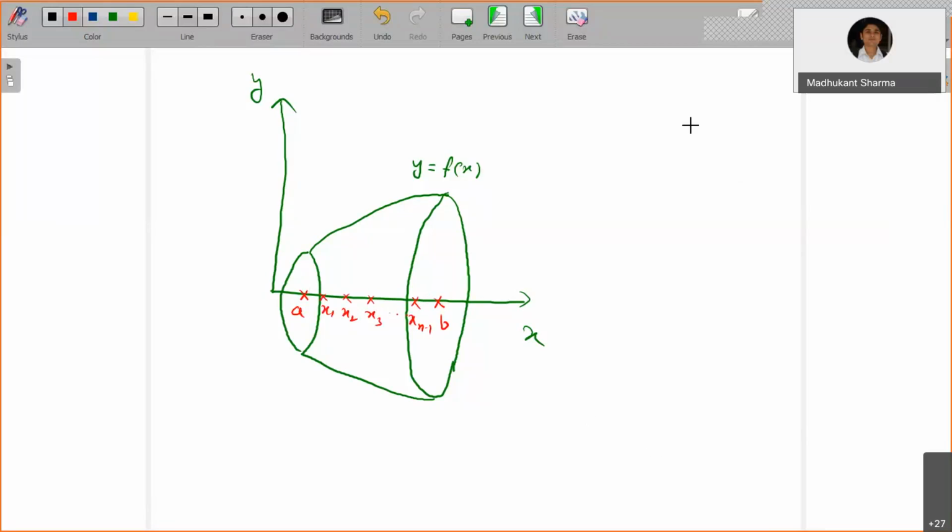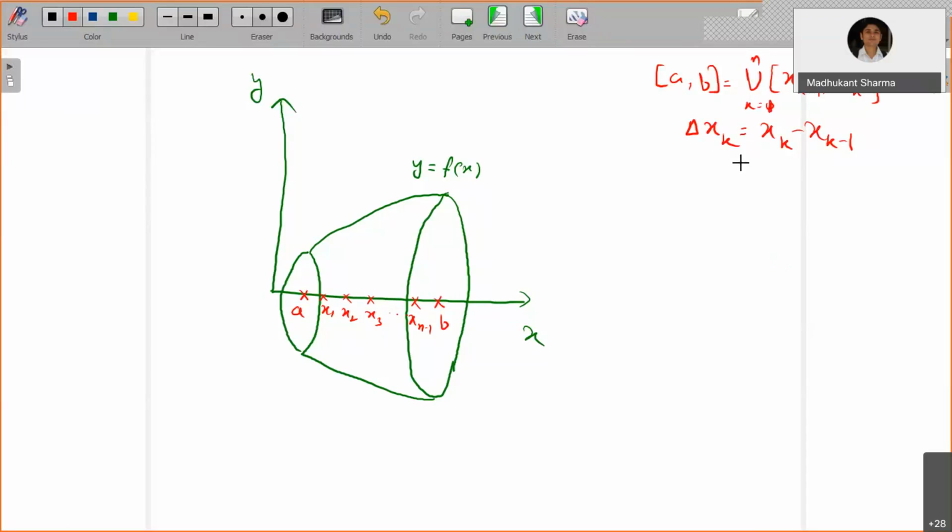Each length is delta xk equals xk minus xk minus 1. So you have subdivided the interval into n subintervals, k equals 1 to n.